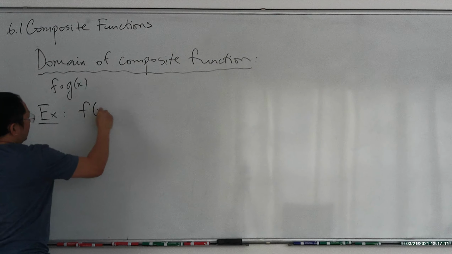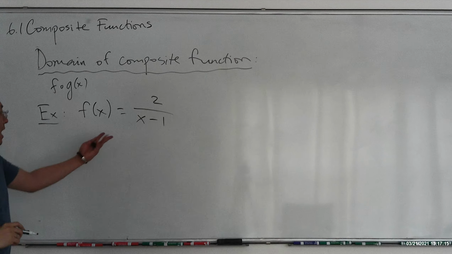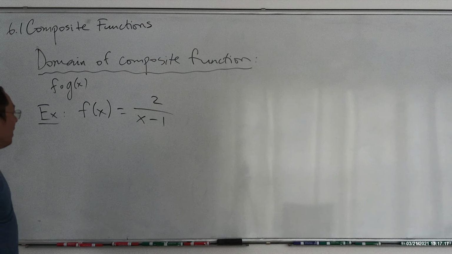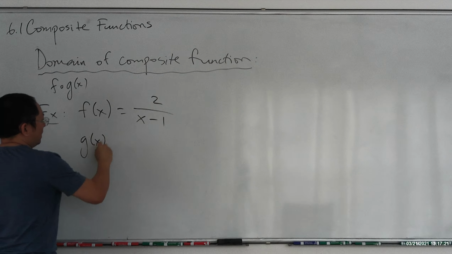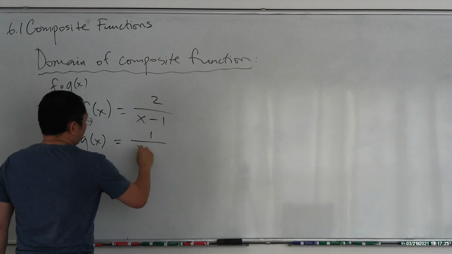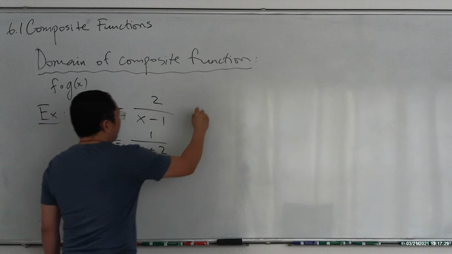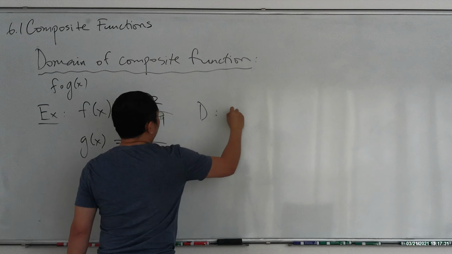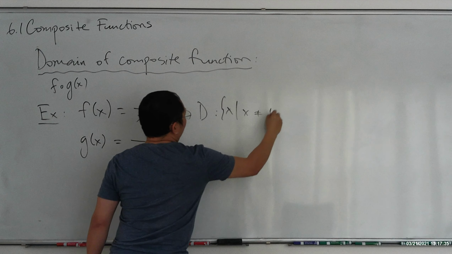Say I give f of x equal to 2 over x minus 1. Rational function, so we can talk about domain. Okay. And then g of x is equal to 1 over x plus 2. Okay. So the domain of f right here is all real numbers x, x cannot be equal to 1.